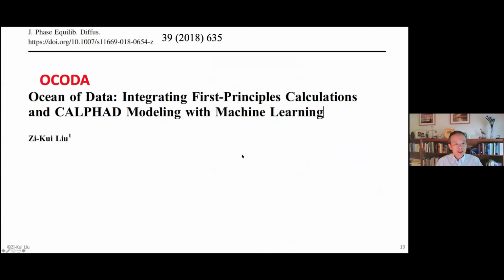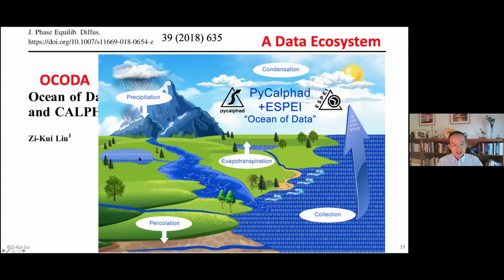So again, I usually want to put my thoughts into paper. So I wrote a paper 3 years ago, "Ocean of Data," integrating first principles calculations, that's DFT, and the CALPHAD model with machine learning. So machine learning becomes very, very important. I had one of our staff at Penn State draw a very nice diagram. Basically it means that you have a lot of data, from different producers.